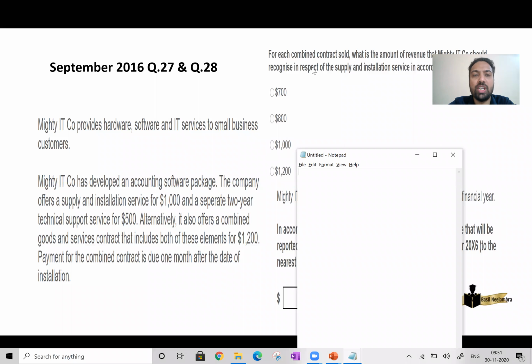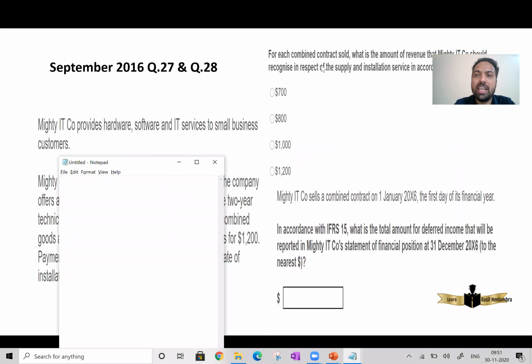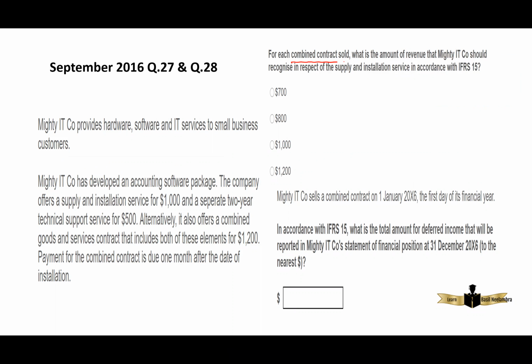In any question, first you read the requirement. The first requirement is above: for each combined contract sold, what is the amount of revenue that Mighty IT company should recognize in respect of supply and installation service? As I told you, the financial reporting examination will ask you a combined contract.